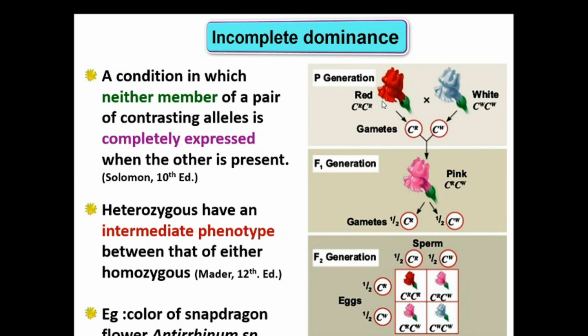The parents have the red and the white flower, but when we cross these red and white parents together, they will result in pink offspring in their F1 generation, because of the mixture between the red and white color. So that is what is meant by the intermediate phenotype between that of either of the homozygous.